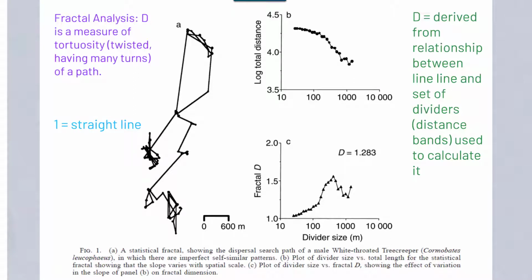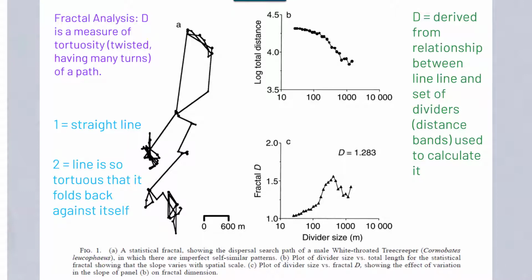So in the bottom right-hand figure, we have divider size along the x-axis, and we have the fractal D measurement along the y-axis. A value of 1, as you can see along the bottom of this scale, will be a straight line, whereas a value of 2 is going to be so tortuous, so twisted, that the path actually folds back onto itself.